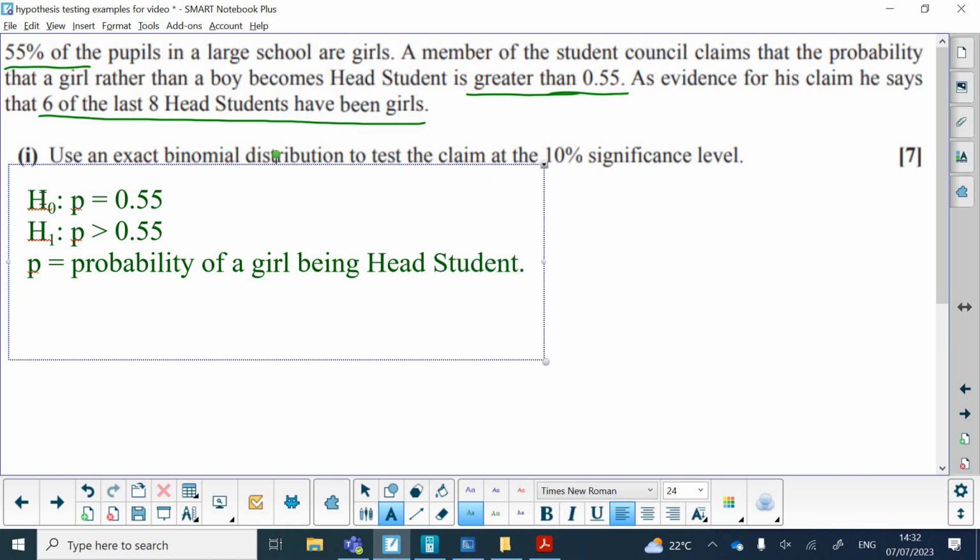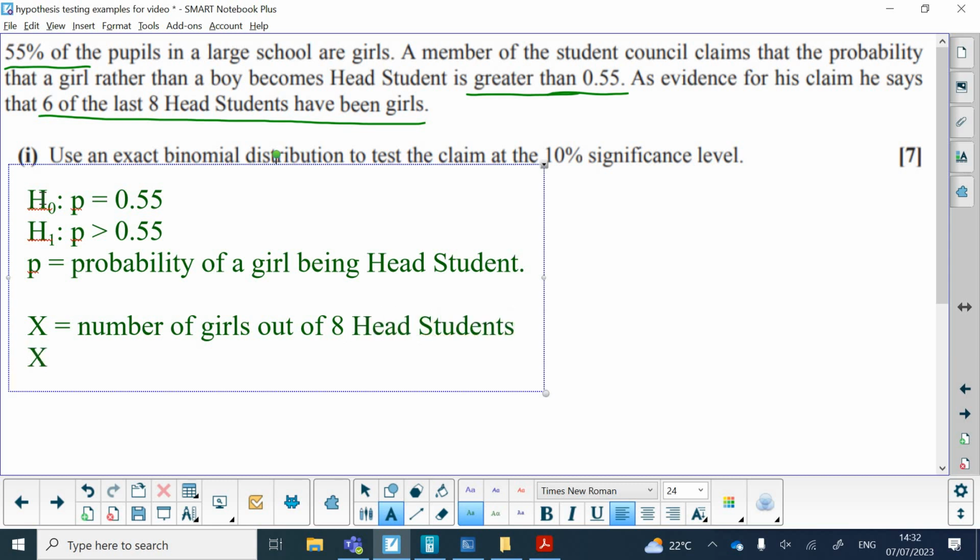Okay, so now we look for data, and the data is 6 out of the last 8 head students have been girls. So X is the number of girls out of the number of head students, and that has a binomial distribution with n is 8, and the probability of success always comes from the null hypothesis.